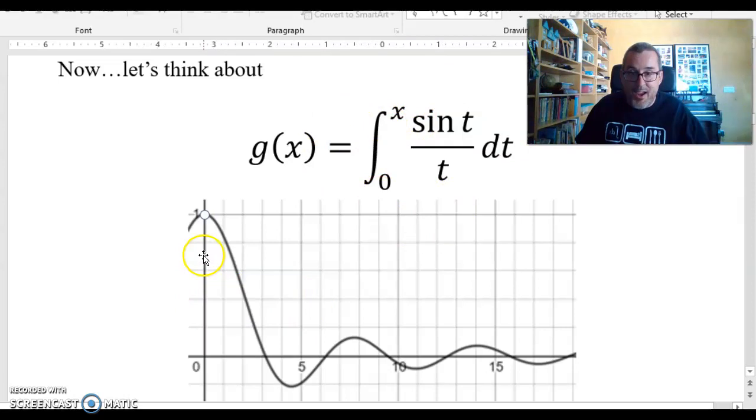Imagine accumulating area from 0 to, maybe you can imagine this is pi, because the sine of pi is 0, and sine of pi over pi would be 0. So imagine accumulating area little bit by little bit from 0 to pi, and then accumulating area from pi to 2 pi, and so on. What would this function look like?